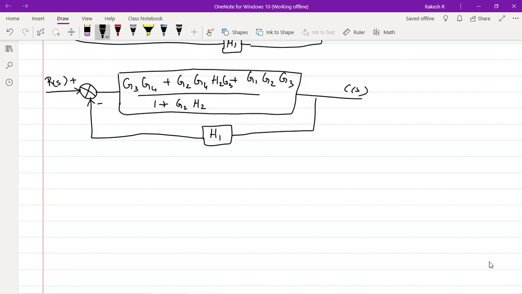What is the formula to solve this simple minor loop? That is G divided by 1 plus G into H. This positive sign can only be taken when there is a negative feedback, right? Now, what is G? G is this complete block. First I shall write G3 G4, I shall simplify that.